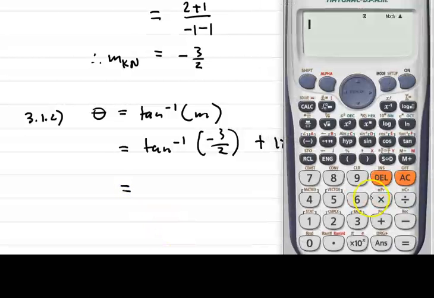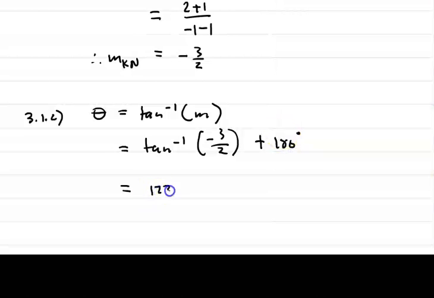Let's work that out. Shift tan, of -3 over 2, plus 180. So that's 123.69 degrees. Okay, so that is my angle of inclination, theta.